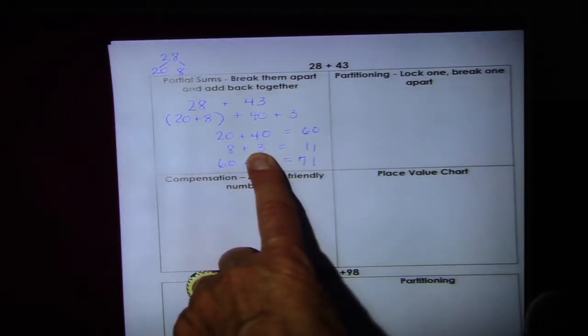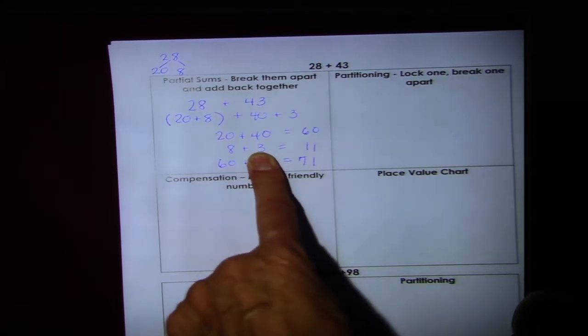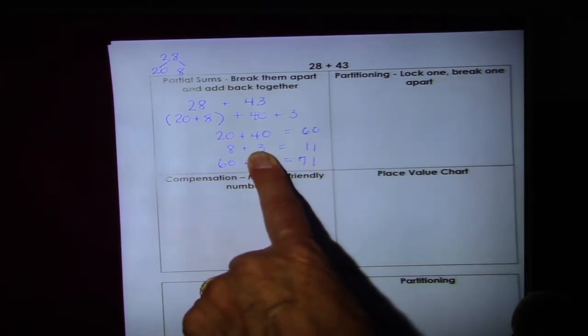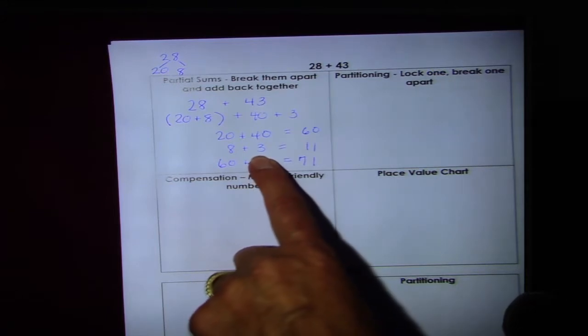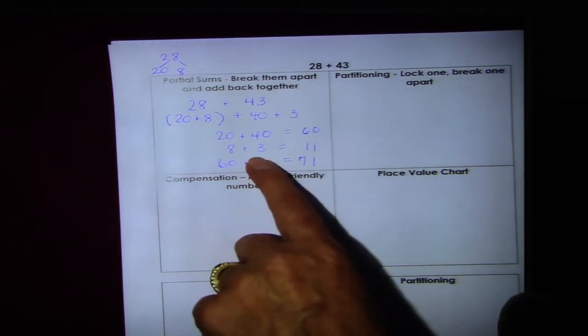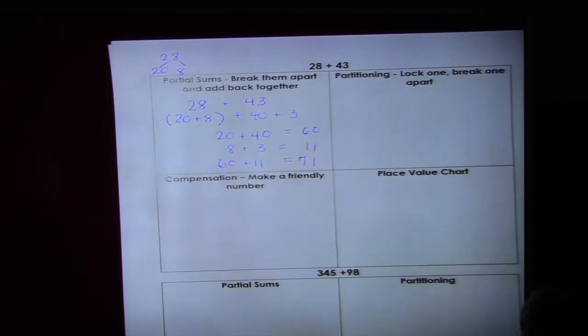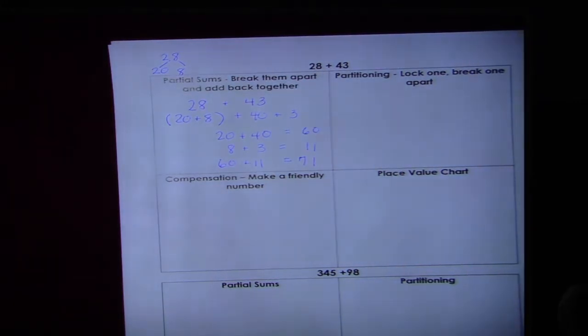Coming into 2nd grade, your kids should have known their math facts to 10. By the end of 2nd grade, they should know their math facts to 20. If they don't know 8 plus 3, they should be able to do 8 plus 2 plus 1 pretty rapidly.